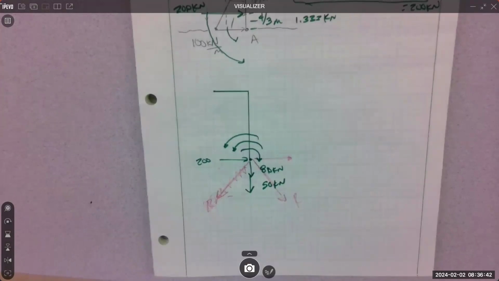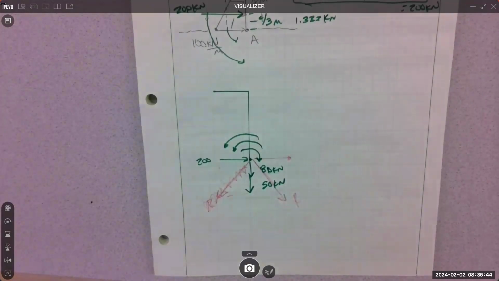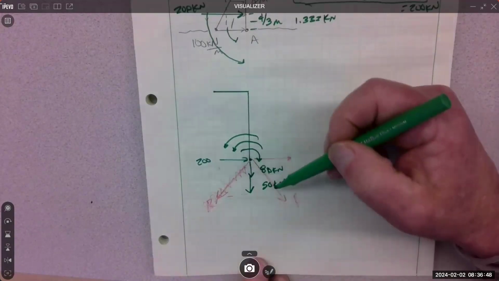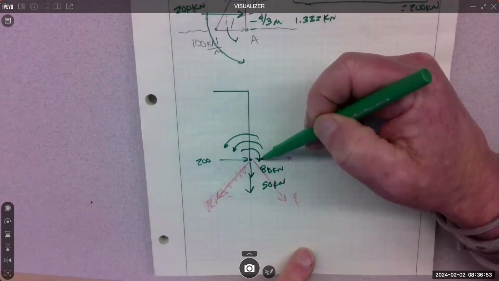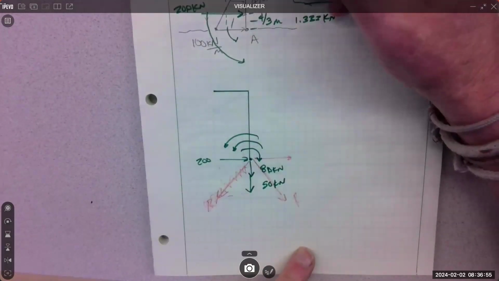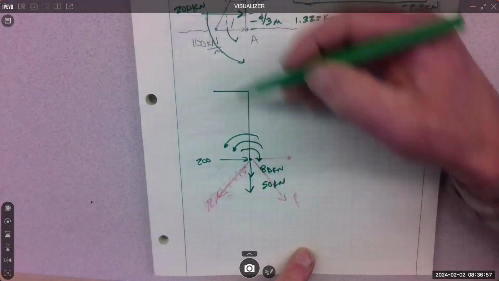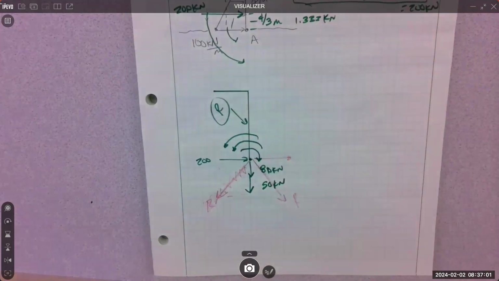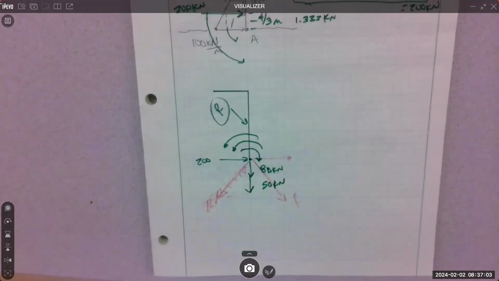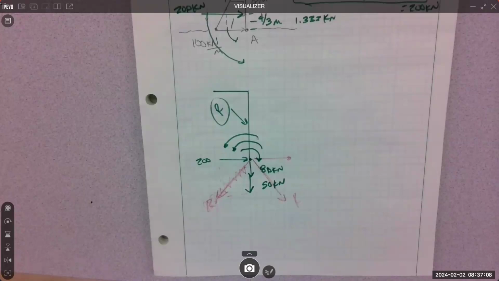Yeah. It's a good catch, because we're doing this kind of conceptually. So then I have to figure out, well, if these two moments are big and this one's small, which I think it is, this is a small moment and these are going to be bigger. R is going to move up into here somewhere, R. Just conceptually. Once we move it, it'll be up on the structure somewhere, right? Do you agree with that? Yeah.